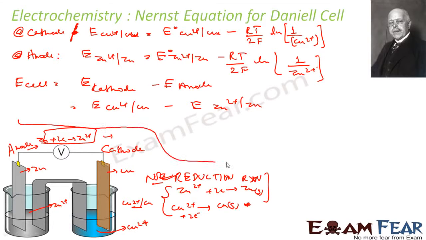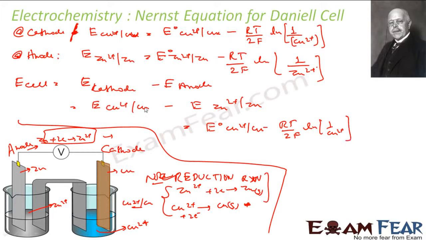Correct? And what is the value of this? E of Cu2+ to Cu is this guy, E naught Cu2+ to Cu minus RT by 2F ln 1 by Cu2+, minus this value E of Zn2+ to Zn. This is equation 1, this is equation 2.